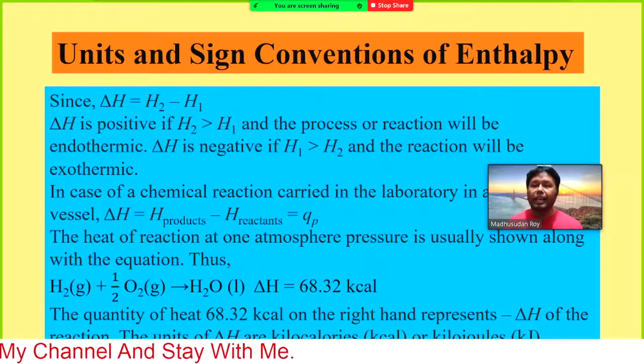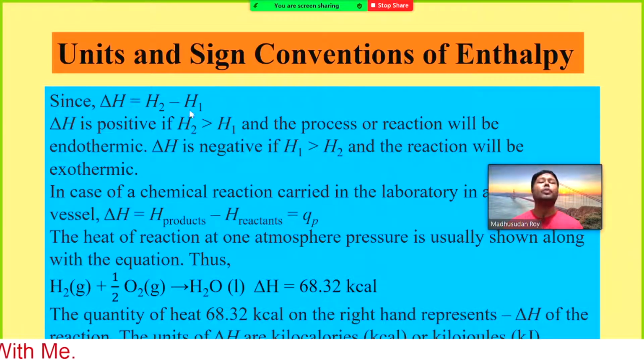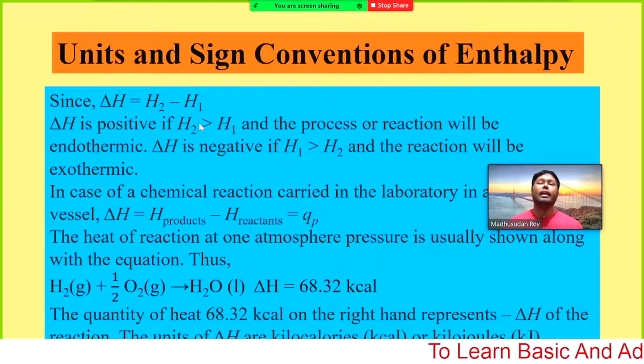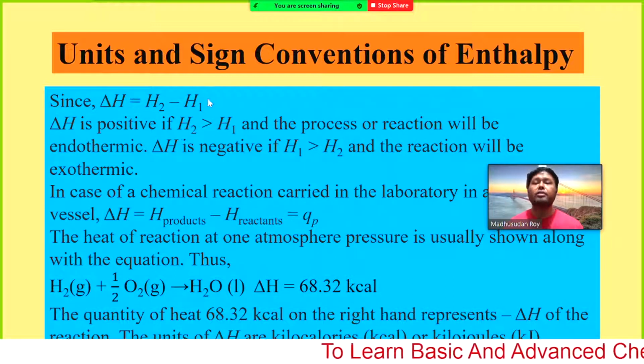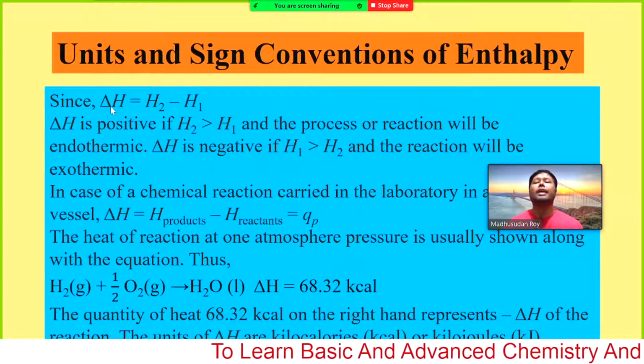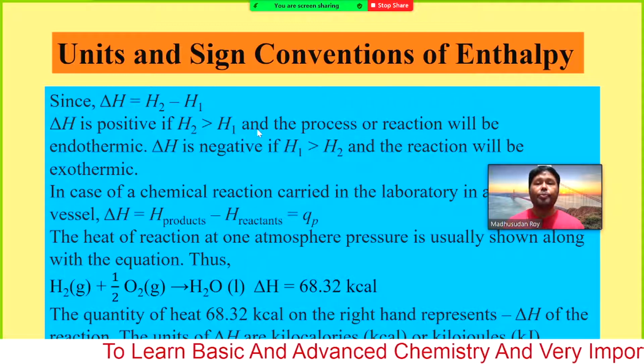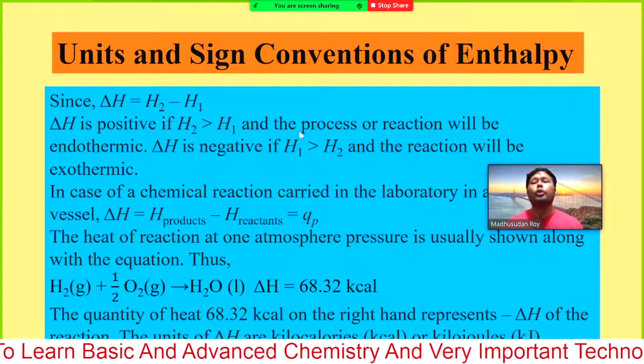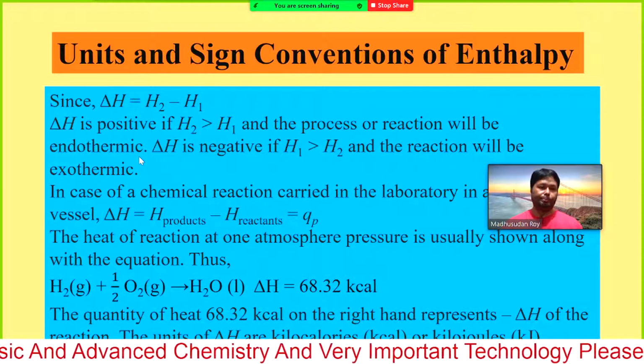So delta H is positive if H2 is greater than H1. This is very simple. That means if the final enthalpy is greater than initial enthalpy, delta H is positive, and the process or reaction will be endothermic.